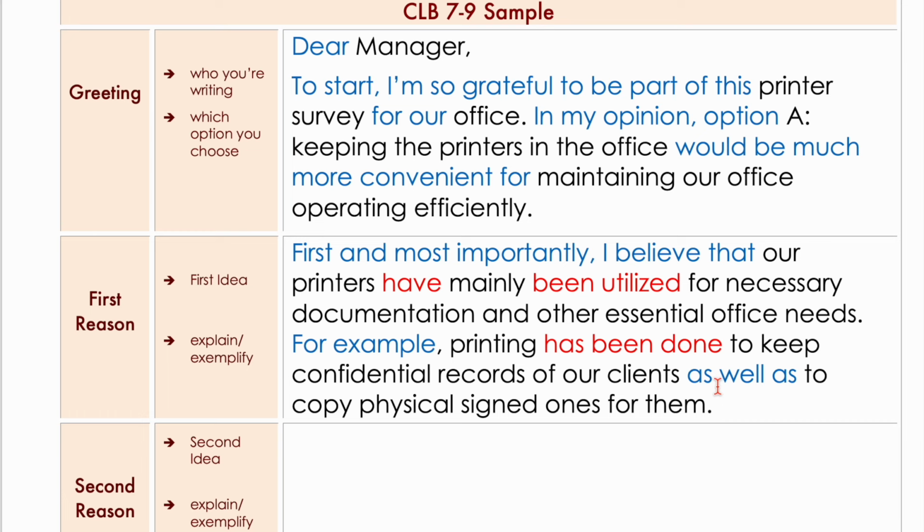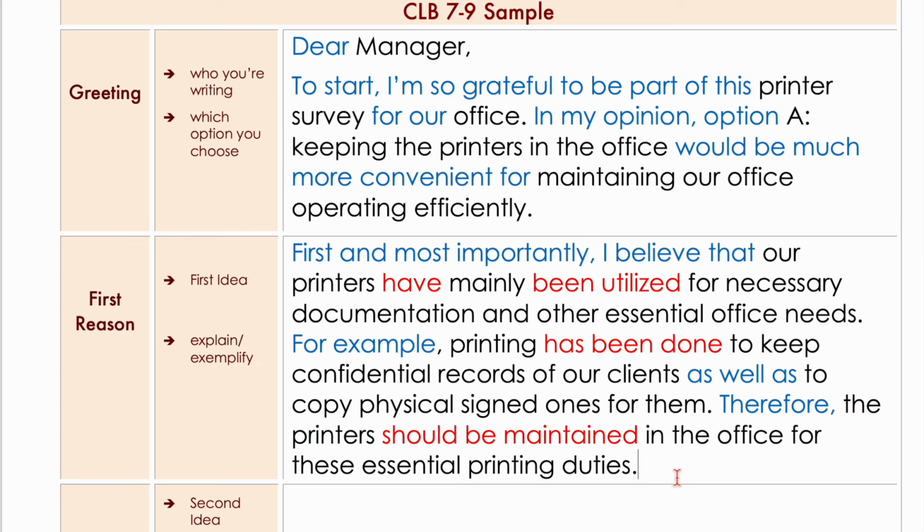Okay, very good. Now, I still feel we need to try to explain a little bit more, which is always good. So we explain what we want. Therefore, the printers should be maintained in the office for these essential printing duties. So very well explained. Firstly, right, printing has been utilized for this.